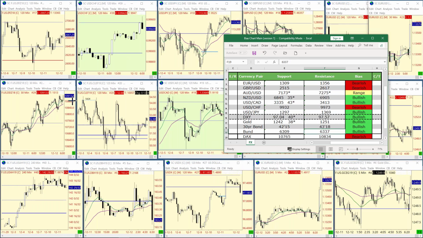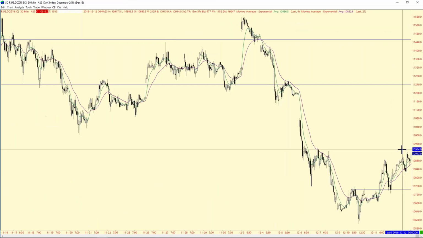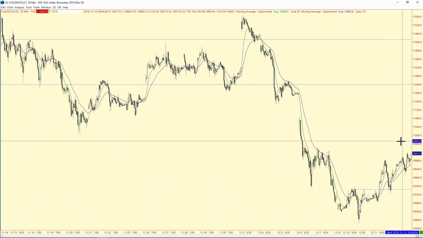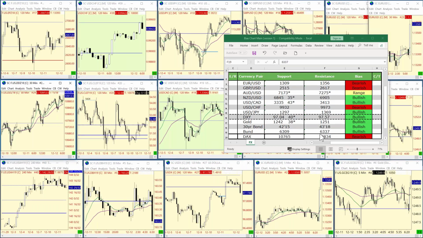Let's go take a look here with the DAX. We'll keep it real simple. Resistance is 10,941. Need to hurry up and get the heck out of Dodge.